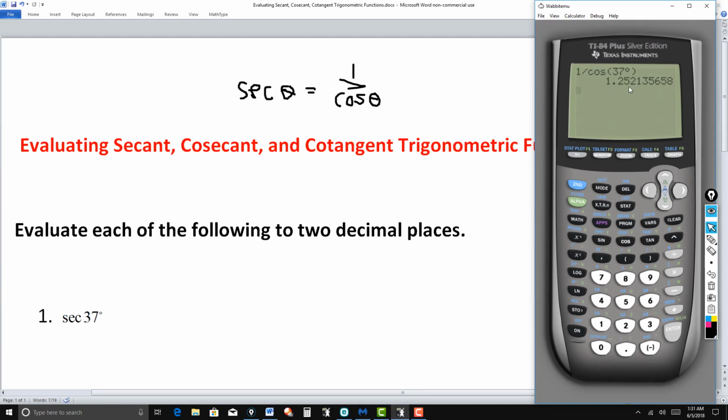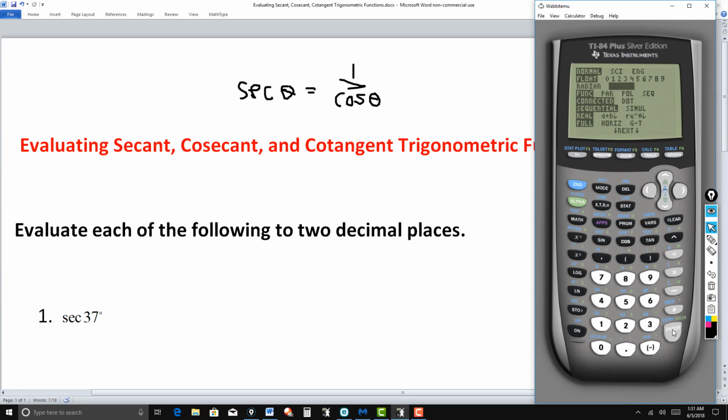Now, of course, if you don't want to mess with the unit of the angle, we can go to the mode and just go to degree.